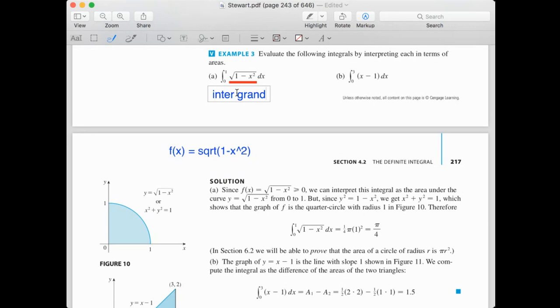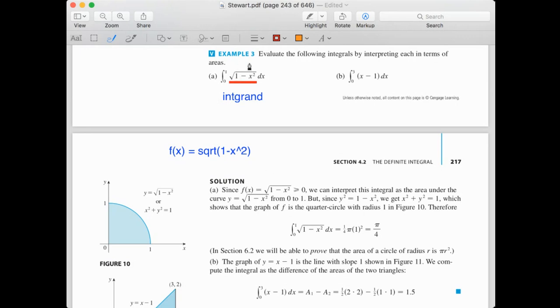I forgot how to write it. Let me just make sure of the spelling. For now, just remember it's integrand. Okay, if this is wrong, I'll change it, but for now, just remember the pronunciation, integrand.